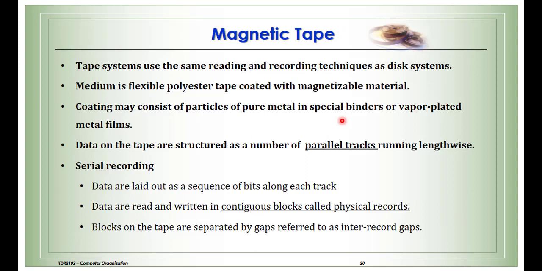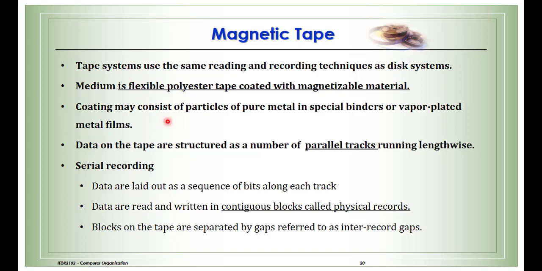Finally, the magnetic tape, which is the third type of external device. The tapes are made from flexible polyester coated with magnetizable material. The magnetic tape is sequential access memory, so we can access the data sequentially, in linear sequence, from the beginning to the end.